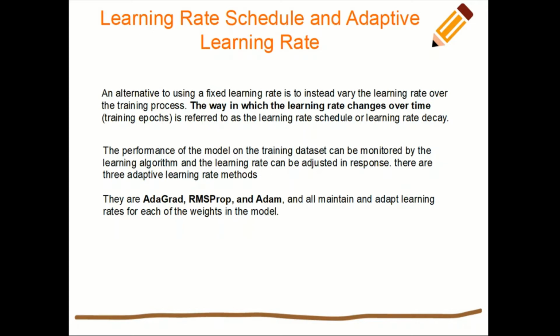The second way is that we can also use some of these optimizers, AdaGrad, RMSprop, and Adam, which are adaptive learning rates. That means we don't have to tell what the learning rate should be. The algorithm is going to figure out the learning rate for itself, right?